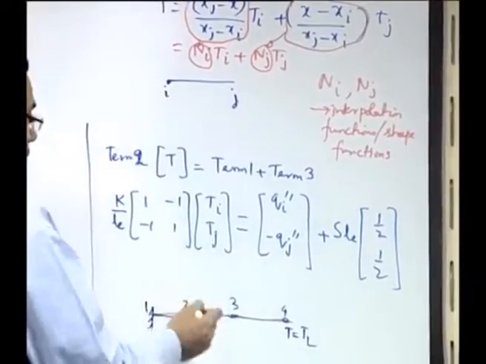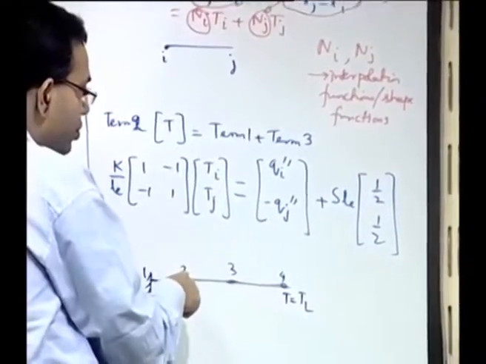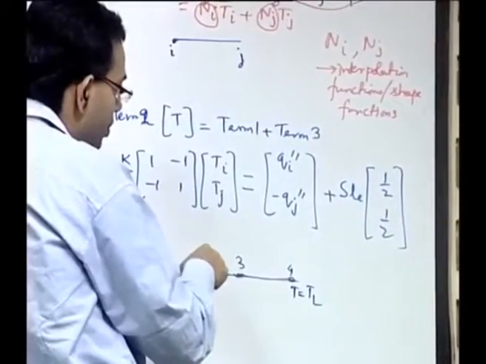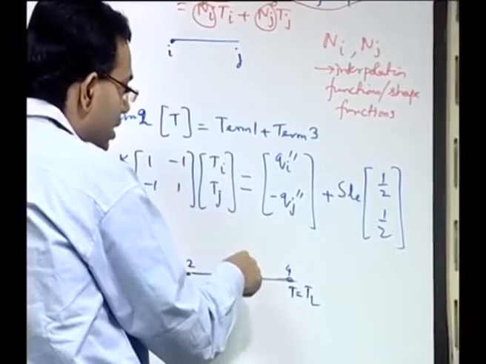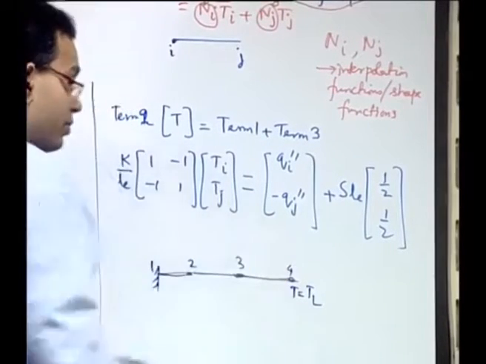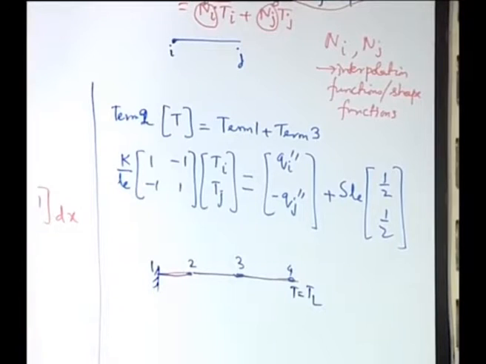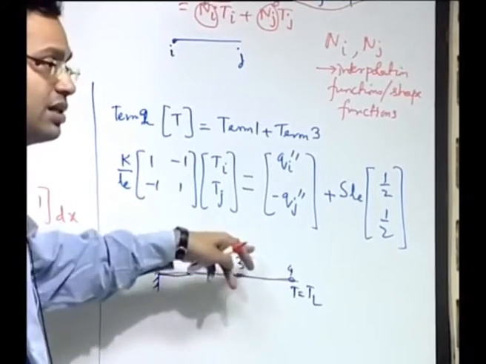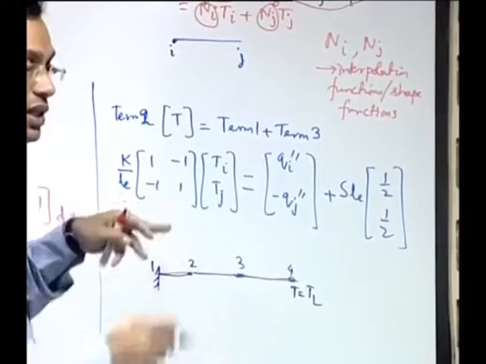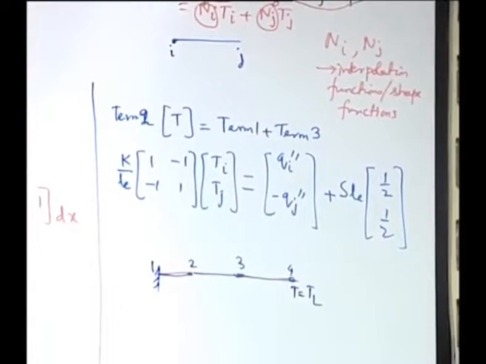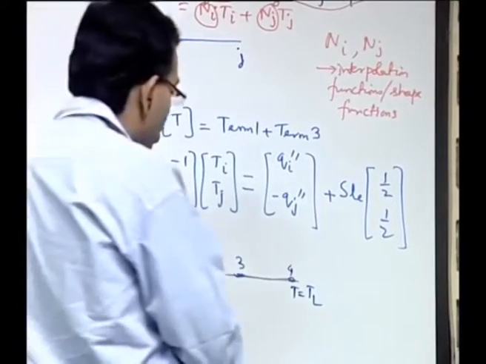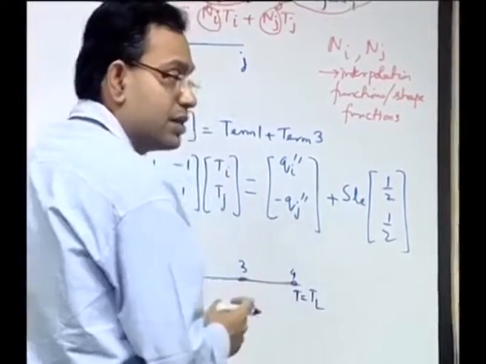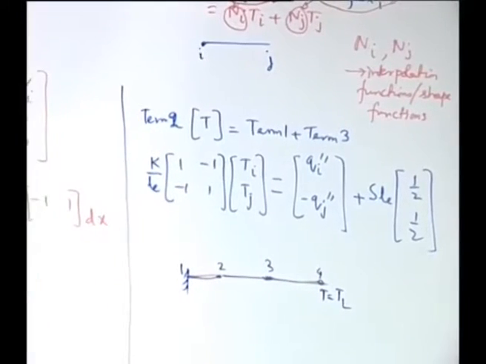For the first element i will be 1, j will be 2, for the second element i will be 2, j will be 3, for the third element i will be 3, j will be 4. So, you can write similar 3 equations for each of the 3 elements. The question is now how do you assemble it globally so that you get the behavior of the summation of all the elements connected together.